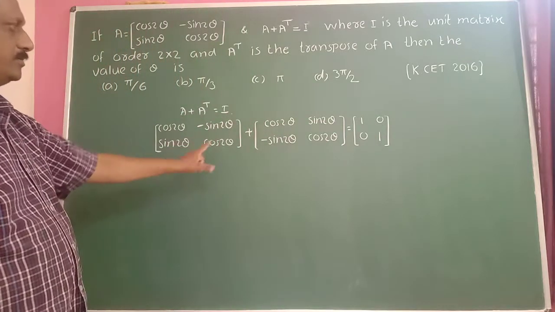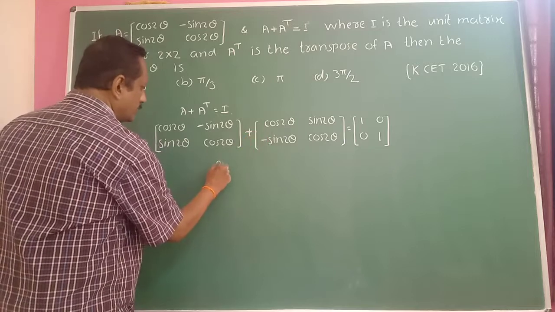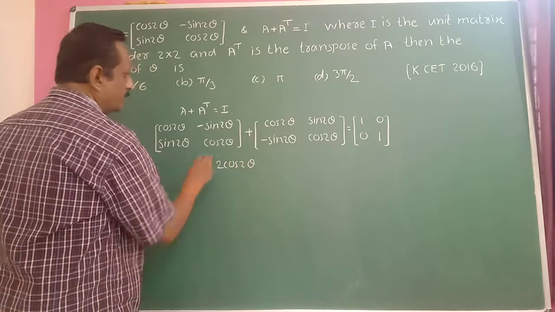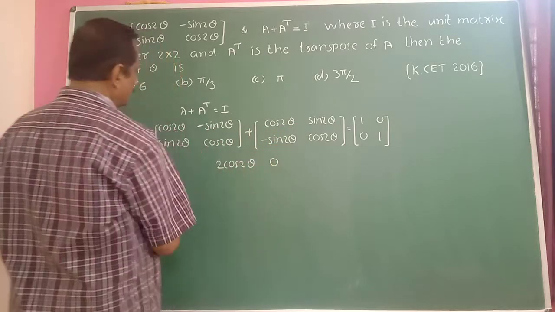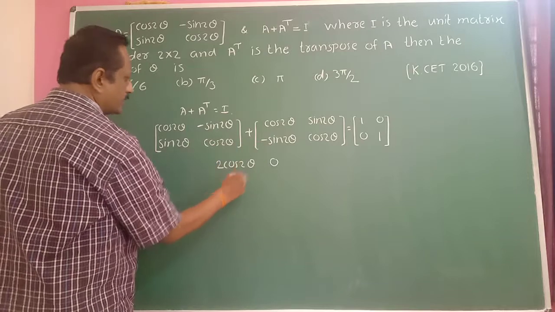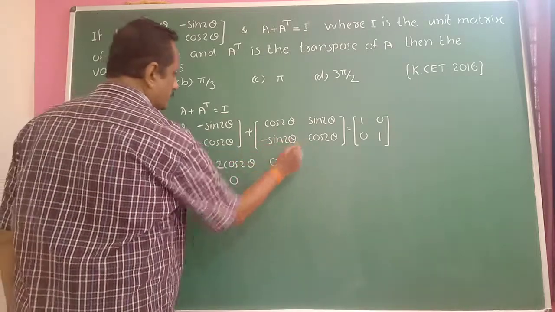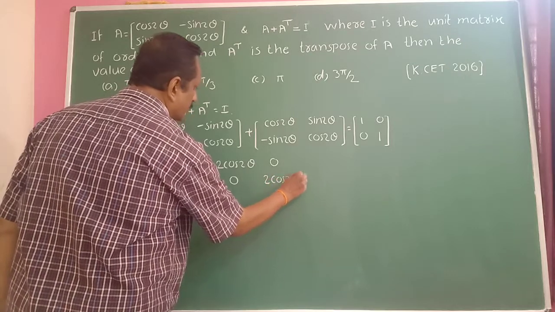Therefore, adding these two matrices here: cos of 2 theta plus cos of 2 theta, 2 cos of 2 theta; minus sin 2 theta plus sin 2 theta becomes 0; sin 2 theta minus sin 2 theta becomes 0; cos of 2 theta plus cos of 2 theta, 2 cos of 2 theta.